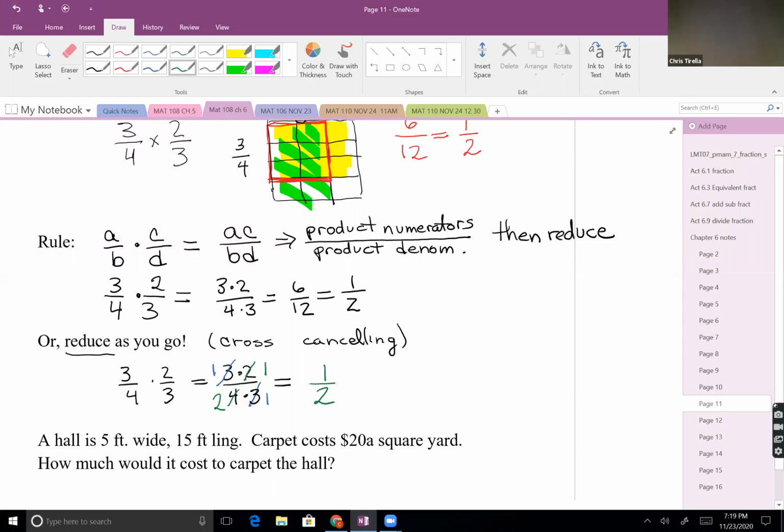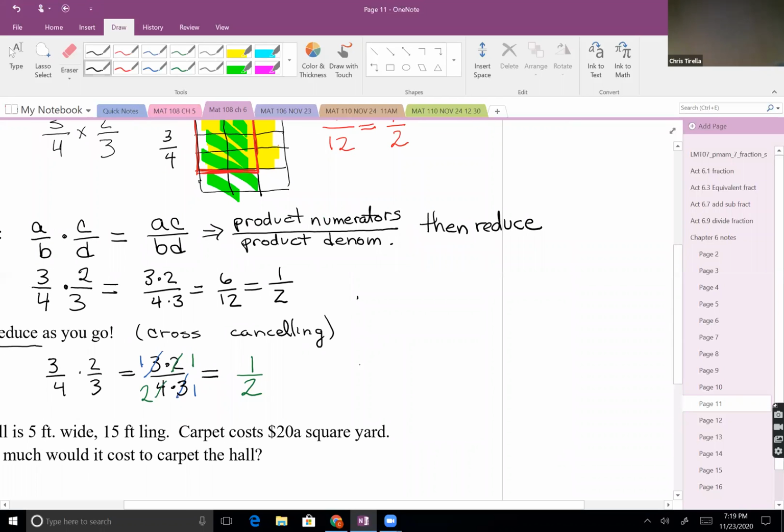Okay, all right. So this multiplication is also another place where you might want to use improper fractions instead of mixed numbers to multiply.